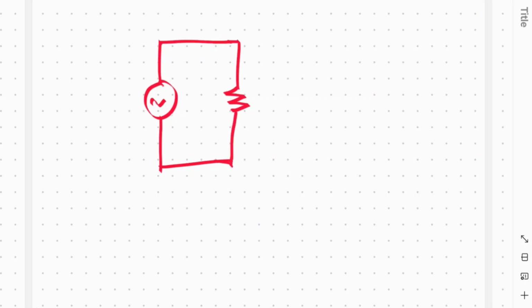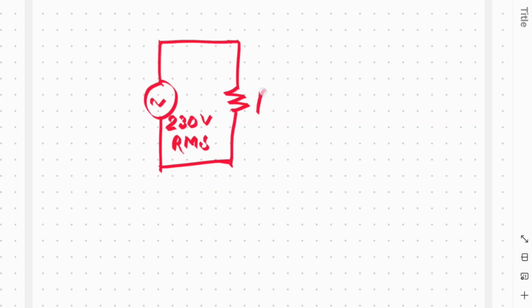Now we'll see the circuit diagram. If we draw a circuit with one voltage source and one resistor, this is the AC source connected to a resistor. This is 230 volt RMS.